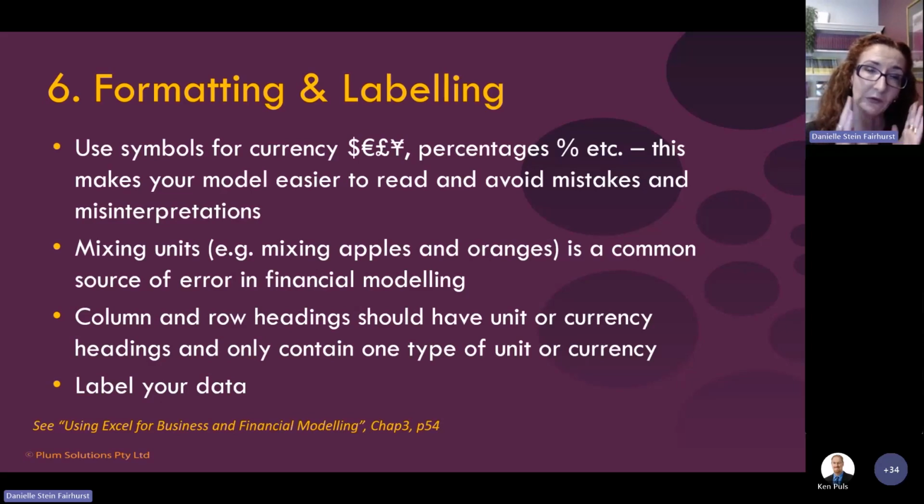Probably the most common type of error is mixing units, getting mixed up particularly with units like thousands or millions, or miles and kilometers, or currency, Canadian dollars versus Australian dollars, stuff like that, because they're not that much different in value.